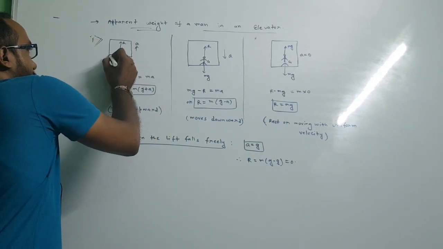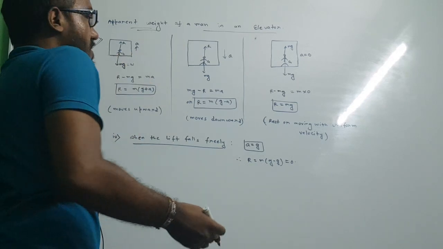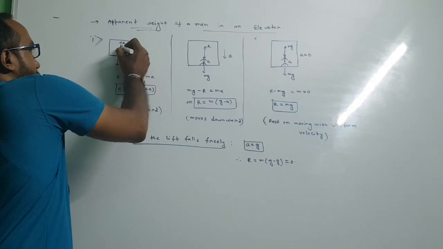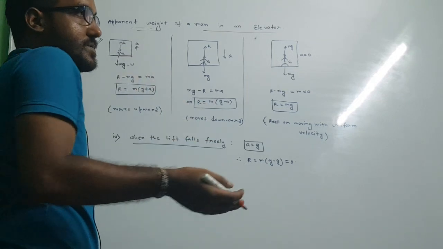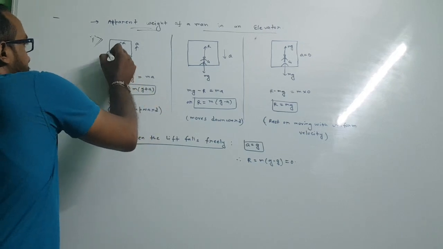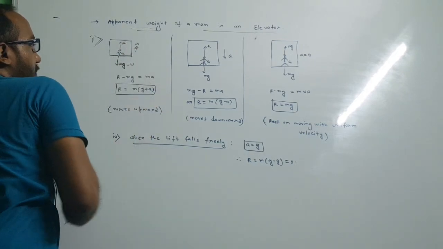Now if you are applying a force on the surface of the lift, then the surface will apply an equal and opposite reaction force. Let us say that reaction force is R. This lift is moving upward with acceleration a.